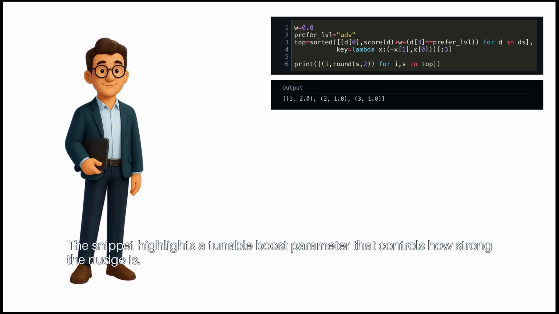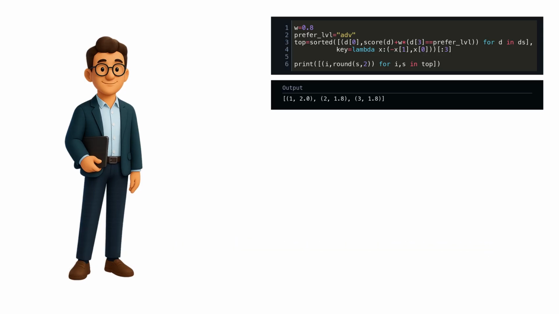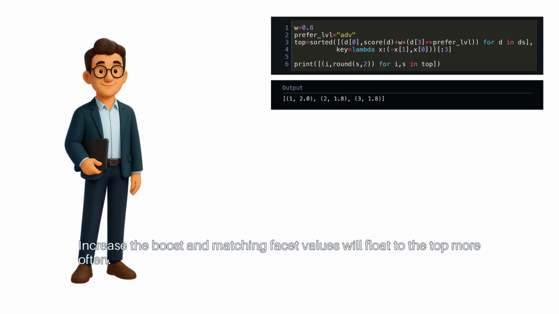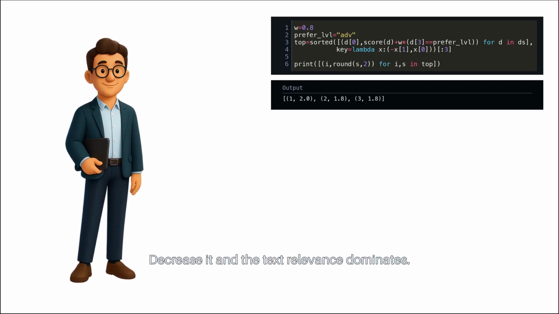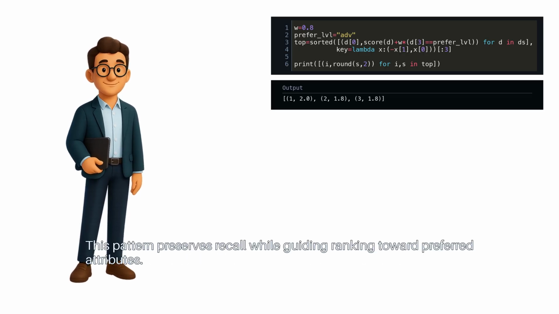The snippet highlights a tunable boost parameter that controls how strong the nudge is. Increase the boost, and matching facet values will float to the top more often. Decrease it, and the text relevance dominates. This pattern preserves recall while guiding ranking toward preferred attributes.